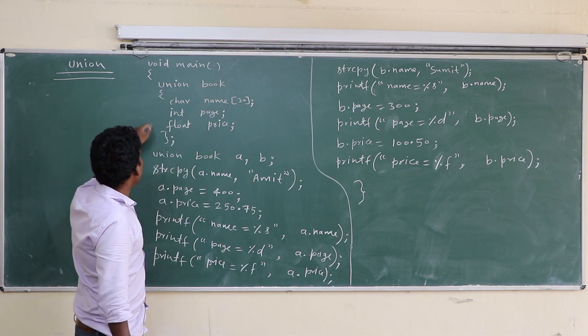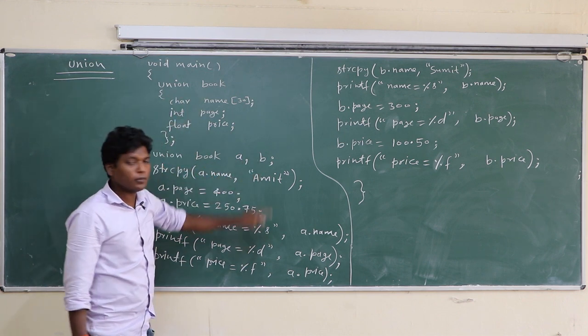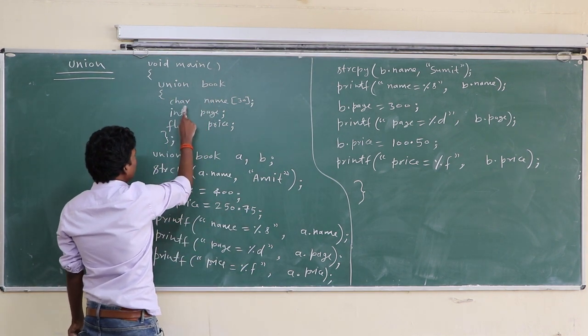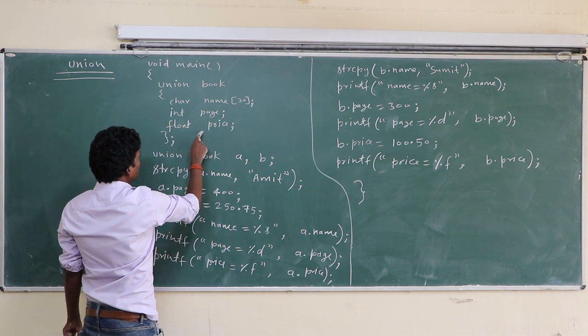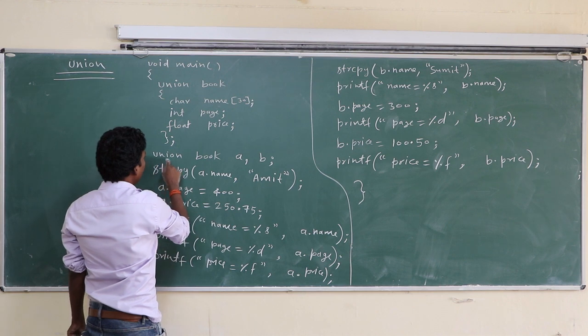And this new data type has variables A and B. So class, this is the name of union, this is the union keyword, these are the union members or union elements, this is the new data type.